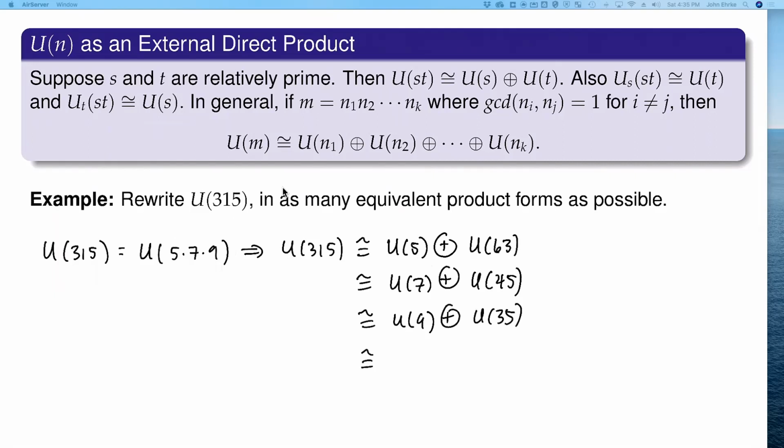And of course, I could have just split all three to begin with into U5, U7, and U9. All of these orders, 5, 63, are relatively prime because you can tell they don't share any prime factors when written in this form.